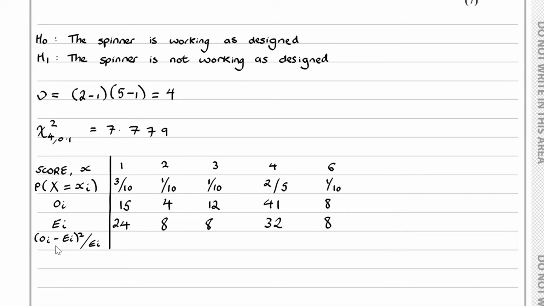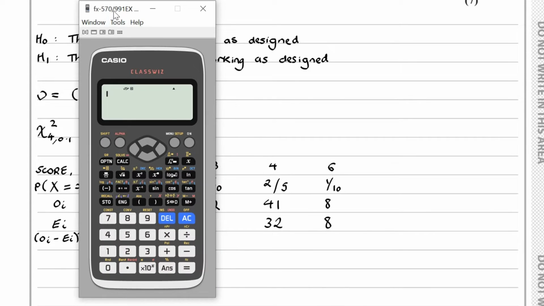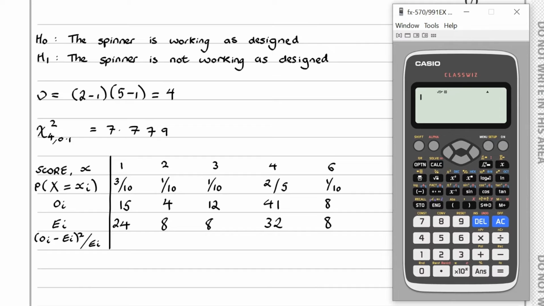So if we work out the observed minus the expected all squared over the expected, well, working this out, we have here 15 minus 24 all squared divided by the 24, which is 27 over 8.